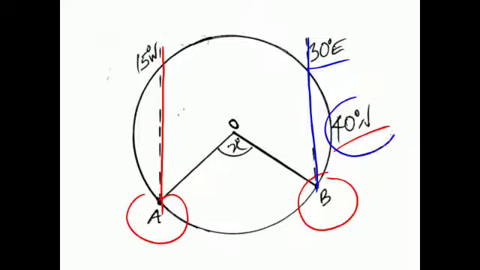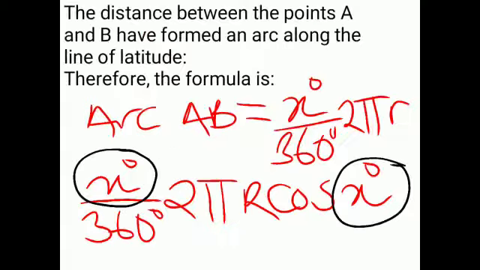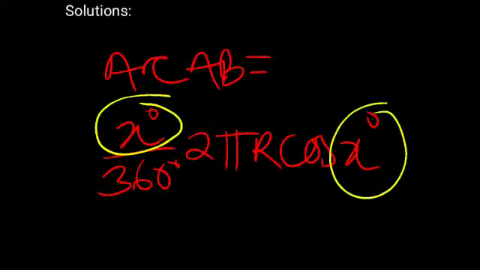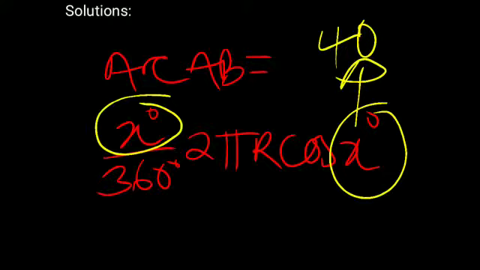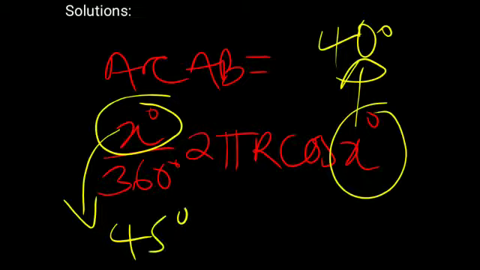So this one is 40 degrees, the degree of the latitude, and this one is 45, the angular difference.